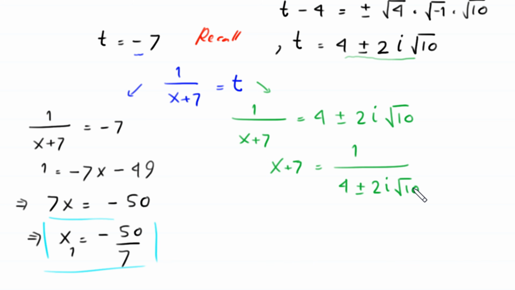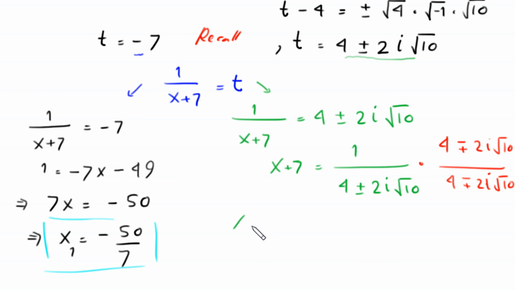To rationalize the denominator, we multiply and divide by the conjugate of this expression, 4 minus or plus 2i times root 10.